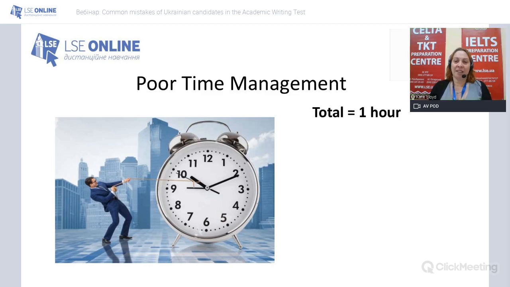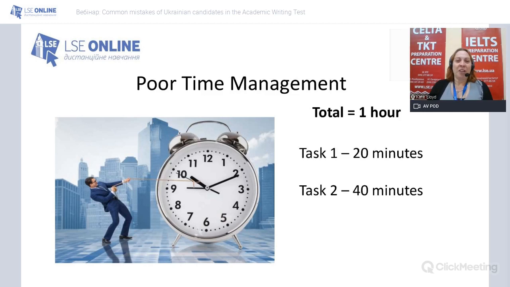Katerina, okay, good idea. Yeah, you're getting exactly where I'm going. You're going to spend 20 minutes on task 1 because that's 1/3, and 40 minutes on task 2 because that's 2/3. 20 minutes and 40 minutes.